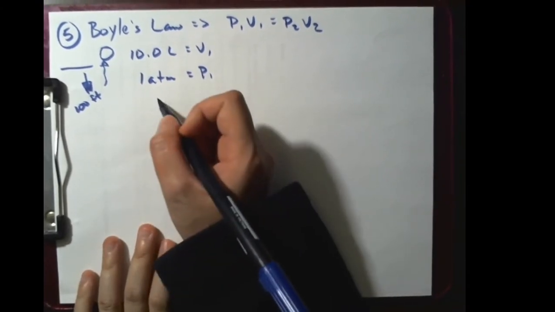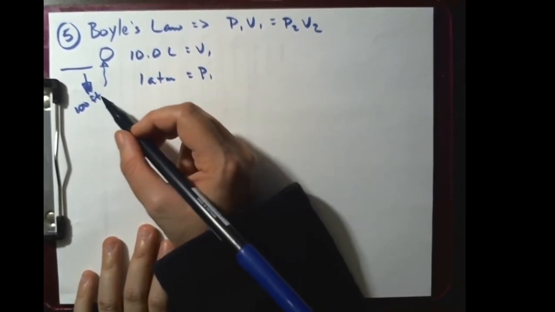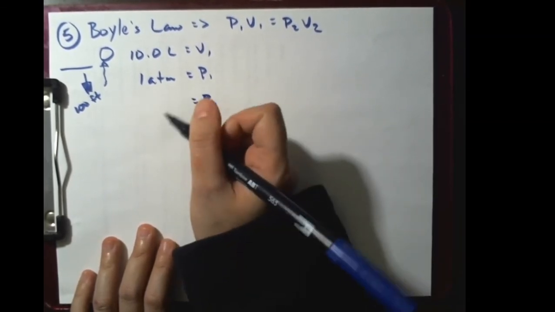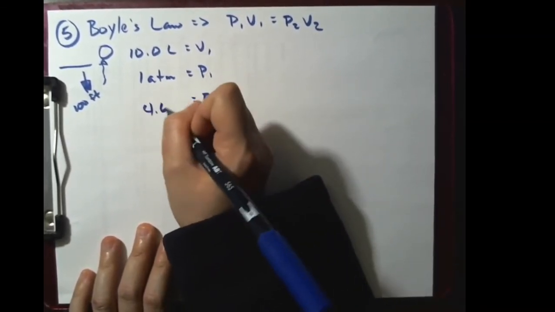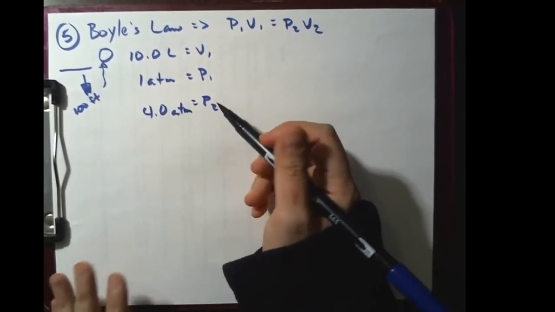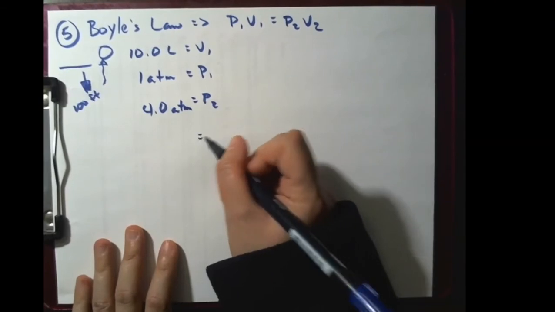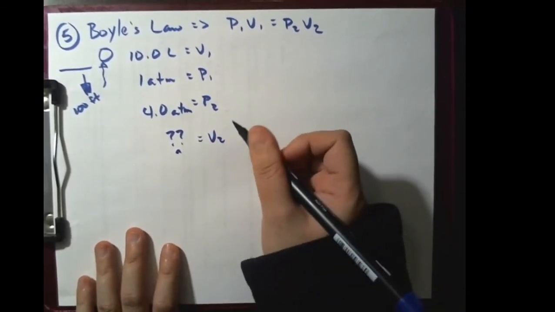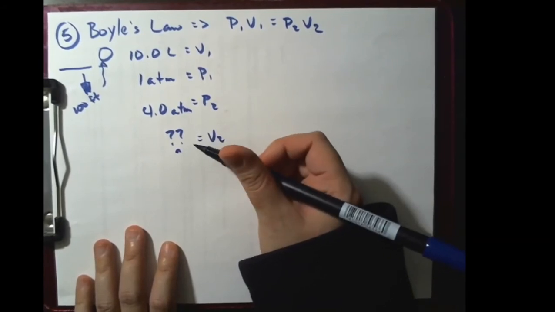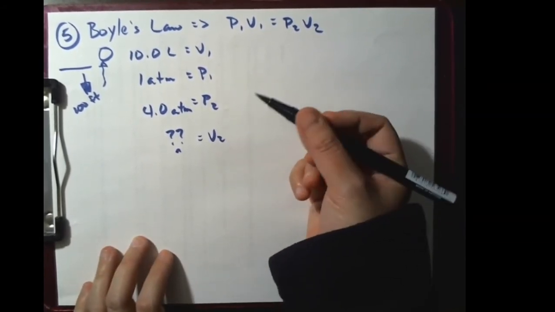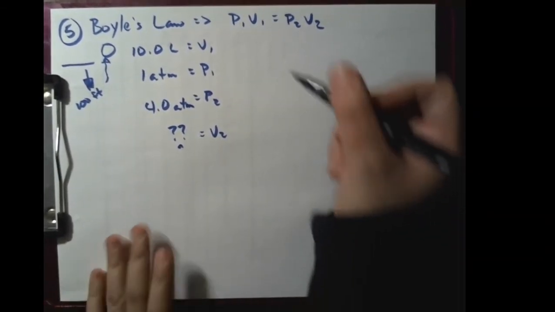So at a depth of 100 feet, the pressure, so we have pressure 2, is going to be 4 atmospheric pressures. Now it's asking again, we're going to be looking for our final volume. Will the volume of the balloon increase or decrease, and what was the new volume of the balloon? And again, I'm always going to be repeating this over and over again.